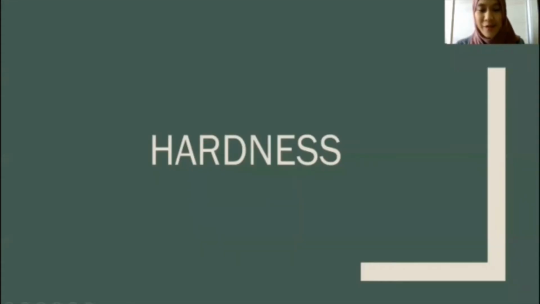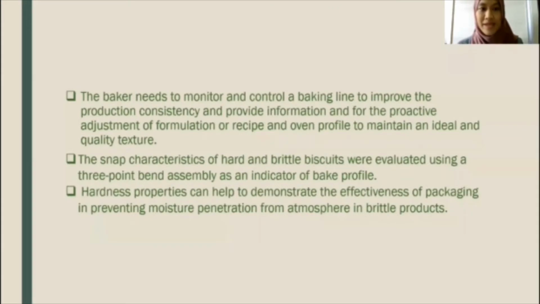Next, the second mechanical property of the biscuit is hardness. The baker needs to monitor and control a baking line to improve production consistency and provide information for the proactive adjustment of formulation or recipe and oven profile to maintain an ideal and quality texture.